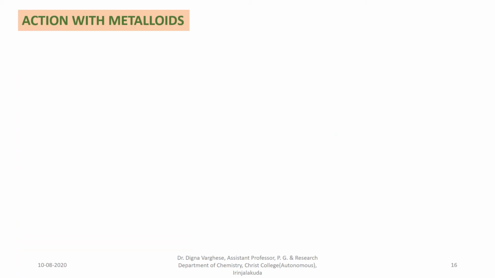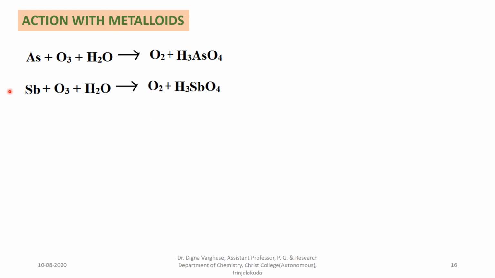Action with metalloids. Ozone oxidizes metalloids like arsenic and antimony to the corresponding oxo acids. That is, arsenic is converted to arsenic acid, H3AsO4, and antimony is converted to antimonic acid, H3SbO4.